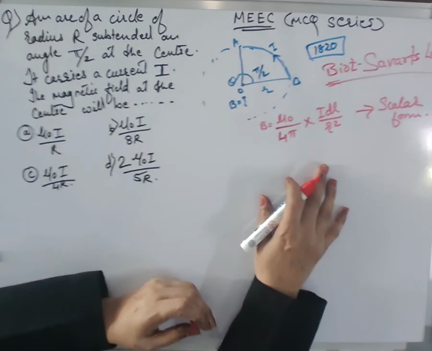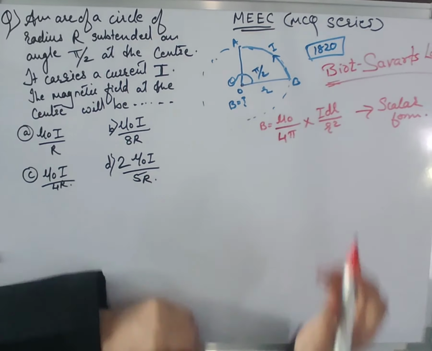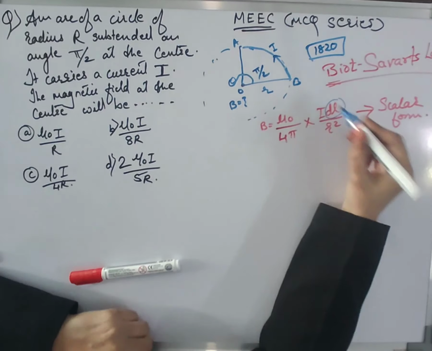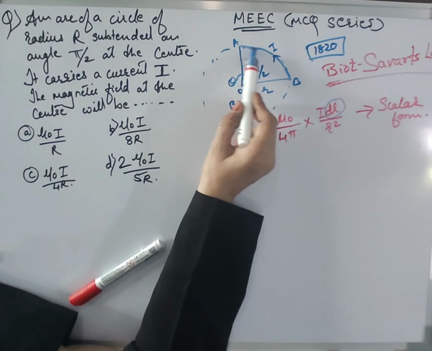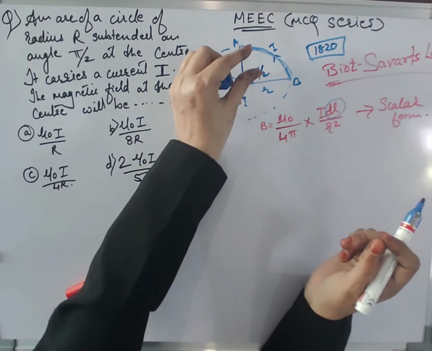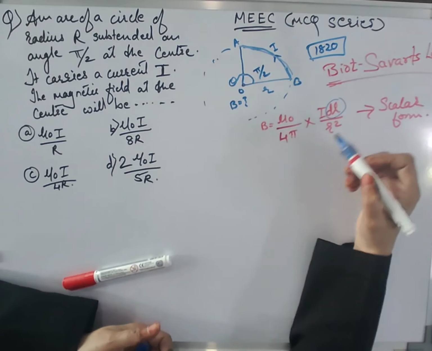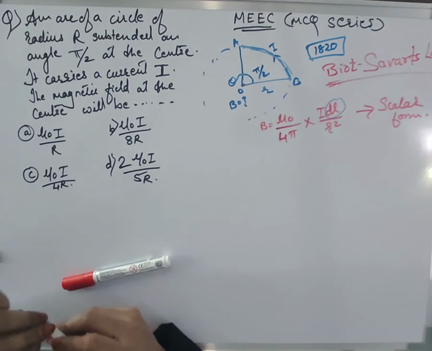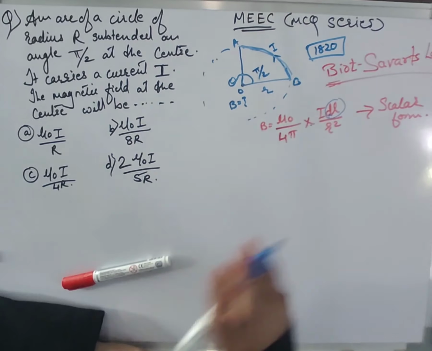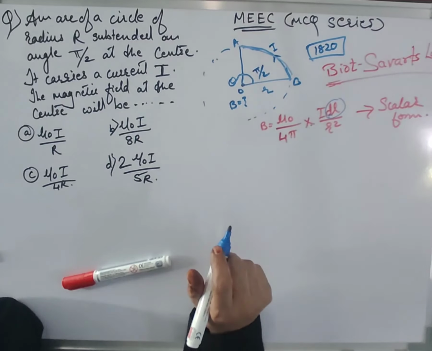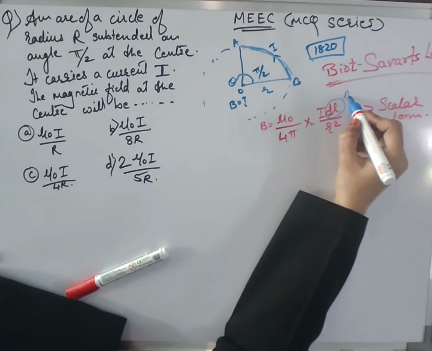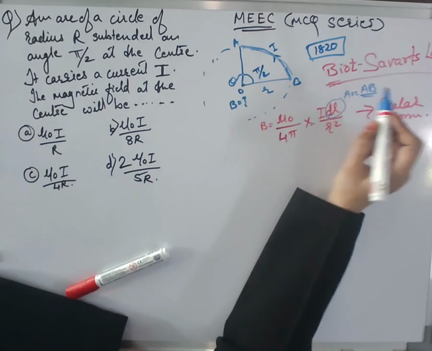Here dl is a new word. What does dl mean? We are taking a small portion out of the whole circle of the big radius. Whenever we take a small portion of anything, we use the letter d. dl means a small l, the smallest piece. Here this small dl is the arc AB, we have given it the name AB.